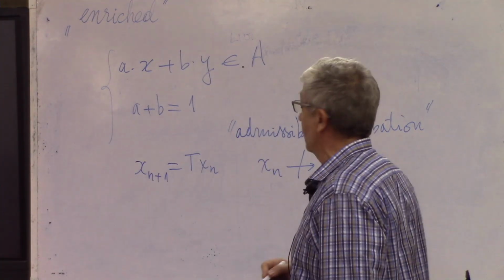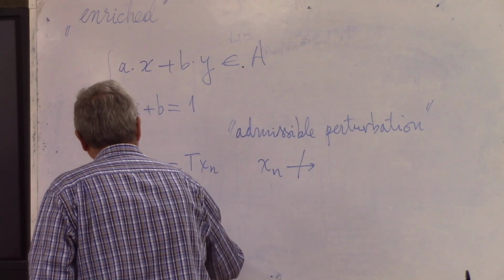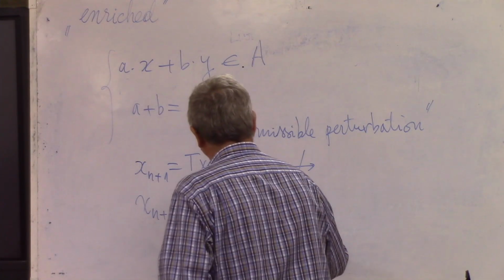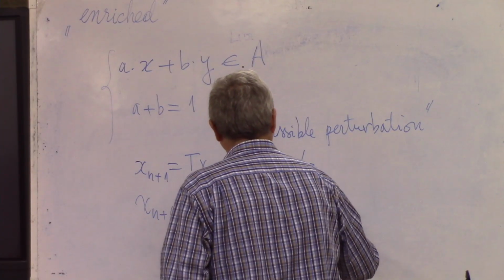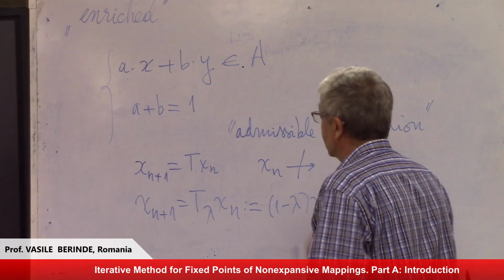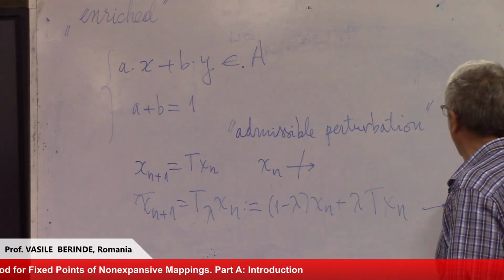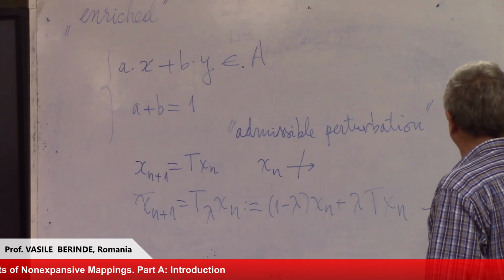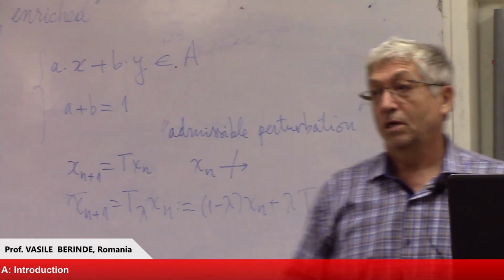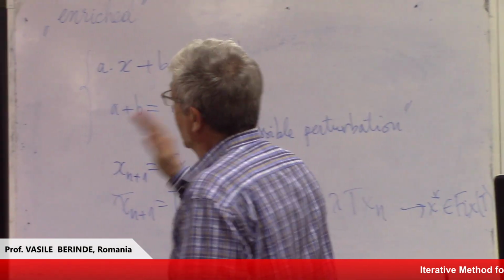Or even if it converges, it does not converge to a fixed point. But this new map, x_{n+1} equals (1 minus lambda) x_n plus lambda T of x_n, converges to a fixed point of T. This was the main idea behind this convex combination. So we enriched by a convex combination.